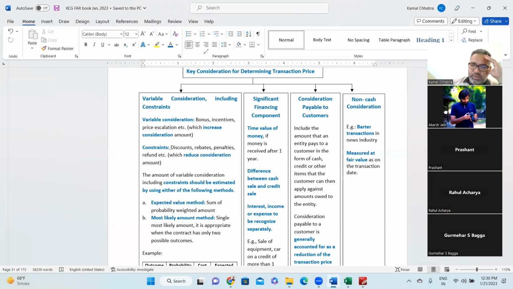So this $40,000 is basically the time value of money, right? Time value of money will be considered based on different factors.